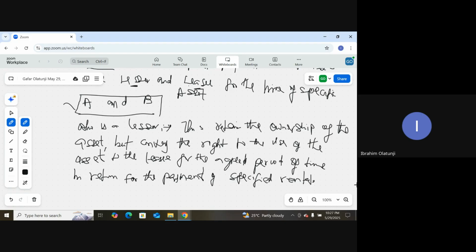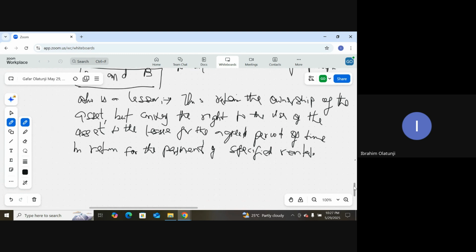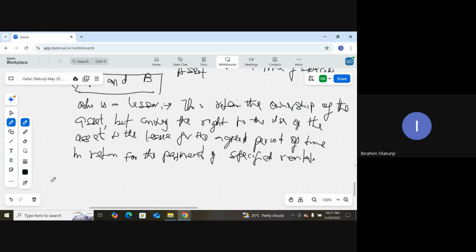Are you getting it now? So from this point of view, we've already explained the lessor. Then who is a lessee? Who is a lessee?